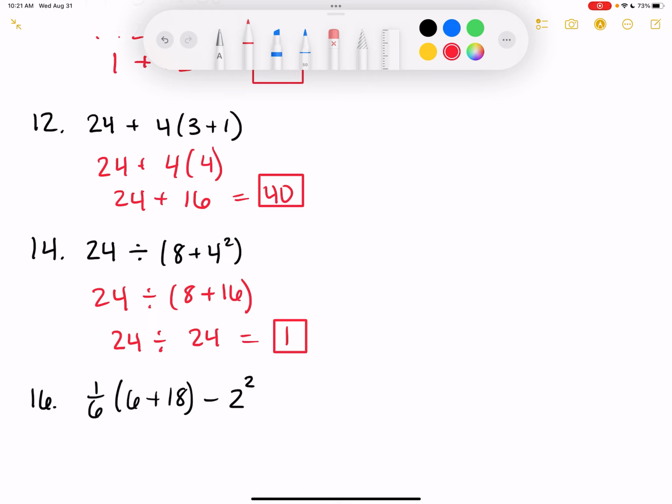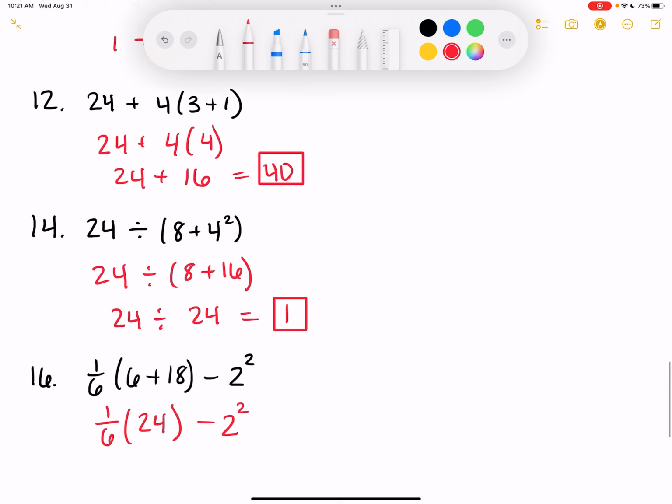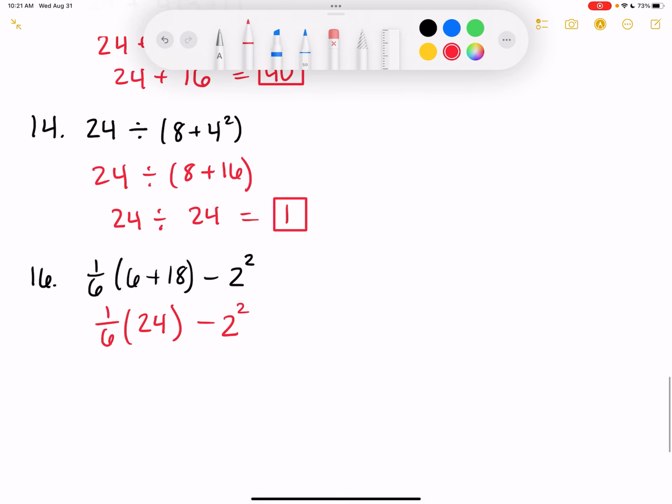Parentheses. So we have 1/6 times 24 minus 2 squared. So what do I do next? Exponents. Yep, so we're going to do the exponents next. So 1/6 times 24 minus 4.